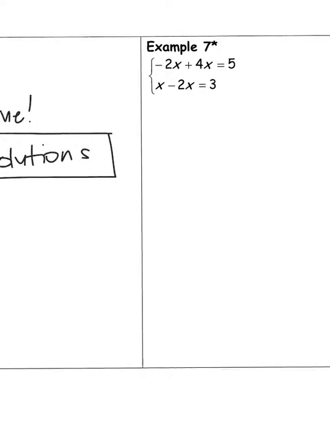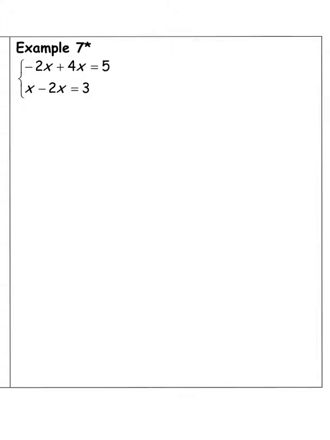Alright, let's look at the next special case, another special case here. And in this special case, I think I need to multiply because right now nothing will cancel. So I'm going to take this bottom equation and multiply it by 2. I'm going to rewrite my new equation here. 2 times x is 2x. 2 times negative 2x.